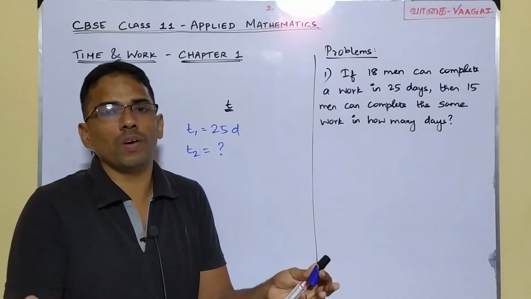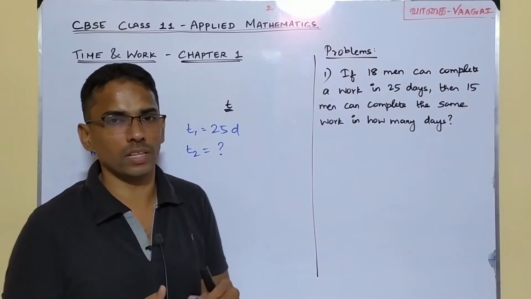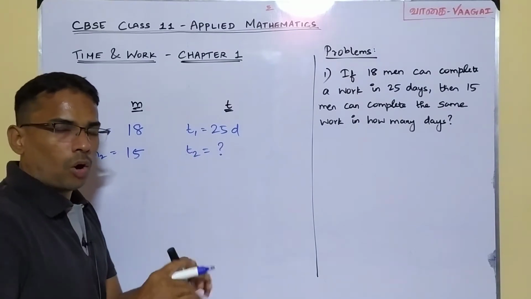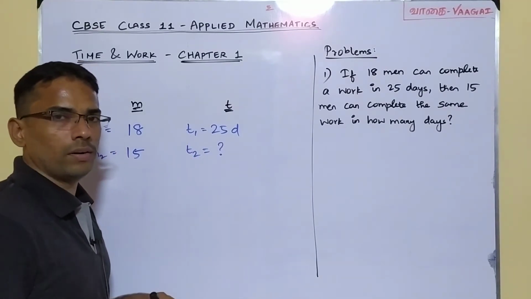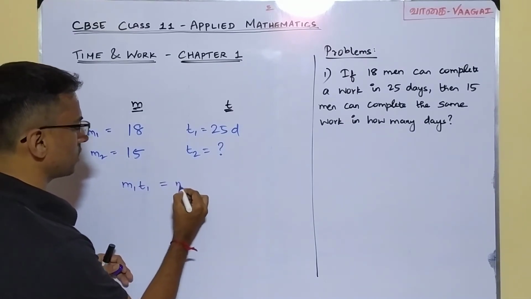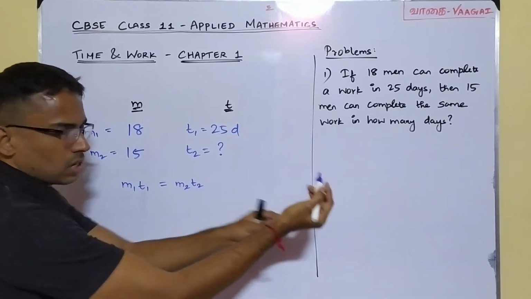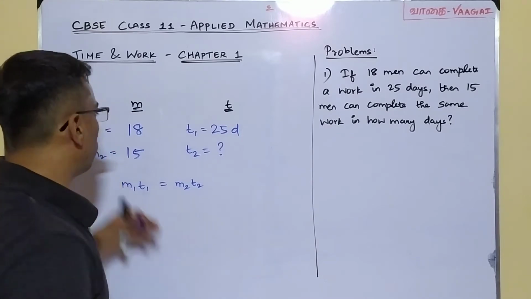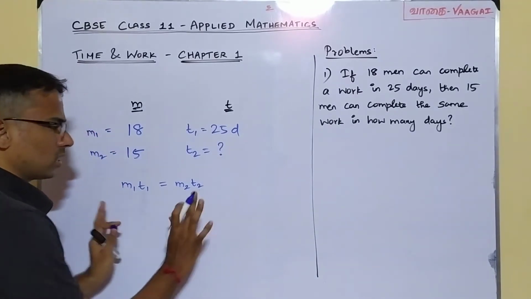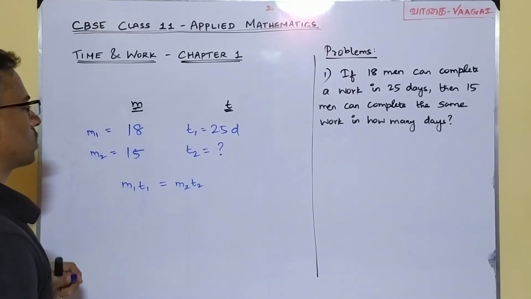We concluded that M1 T1 is the same as M2 T2, and so on. Here we have only two cases, so our comparison is enough. Now let's substitute the values.